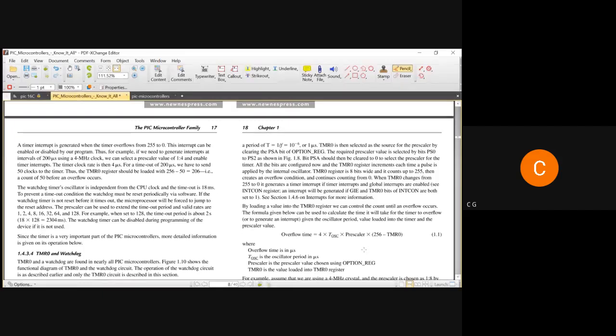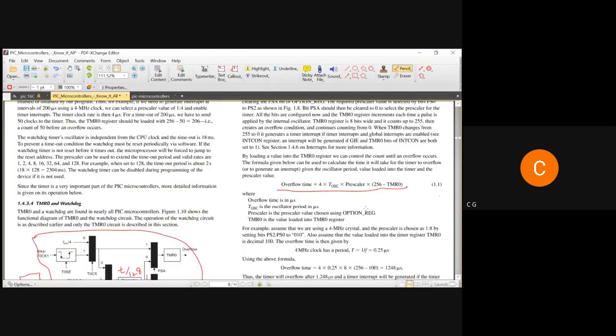Now this part, overflow time and all these things, I am not interested in showing you, because this is additional knowledge. You can try to understand this part, but you will have to go into much detail because some confusion it will bring.